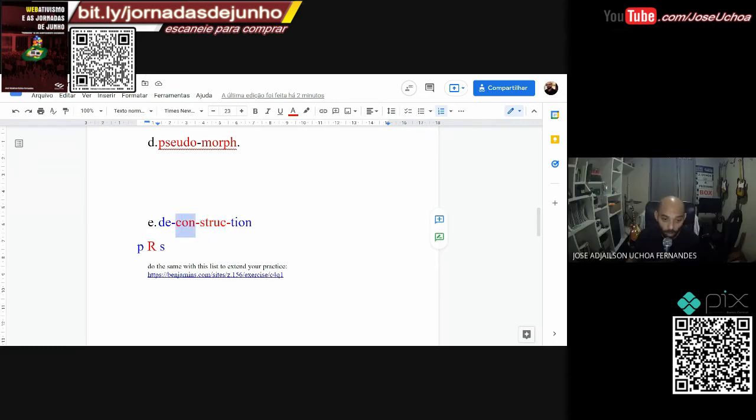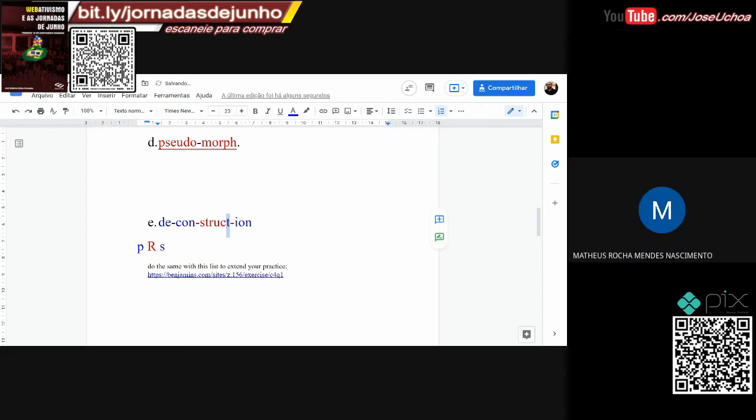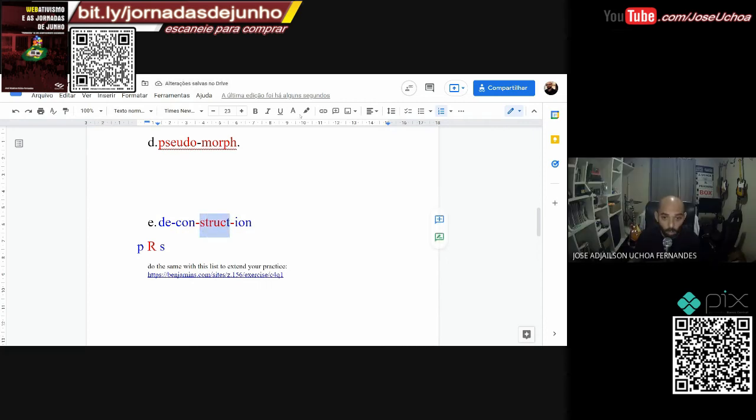And con is a prefix. And now a difficult decision: does the letter T belong here in the suffix, or does it belong here in struct? I think it belongs in struct. And how do you conclude that?